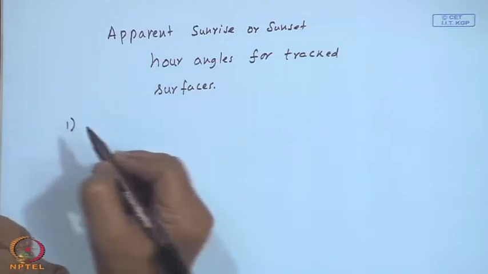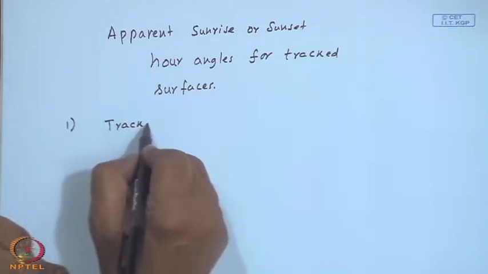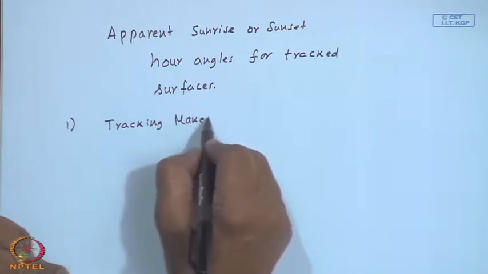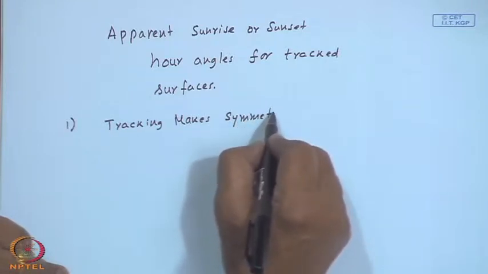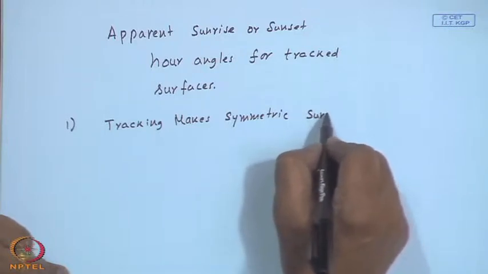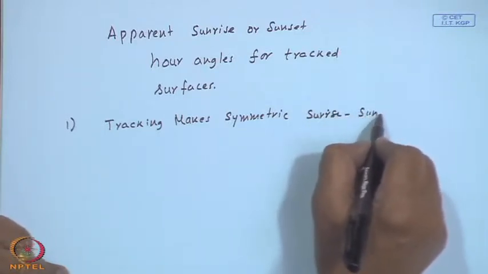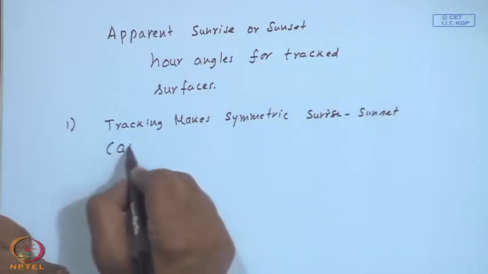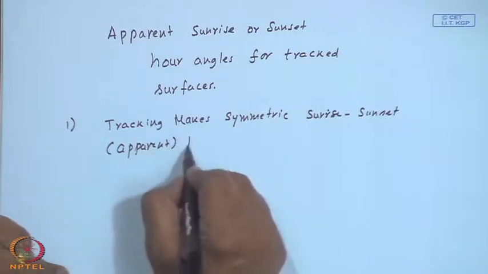First thing we realize is tracking makes symmetric sunrise and sunset apparent hour angles.